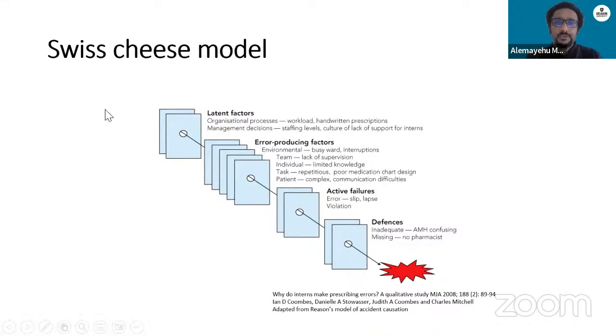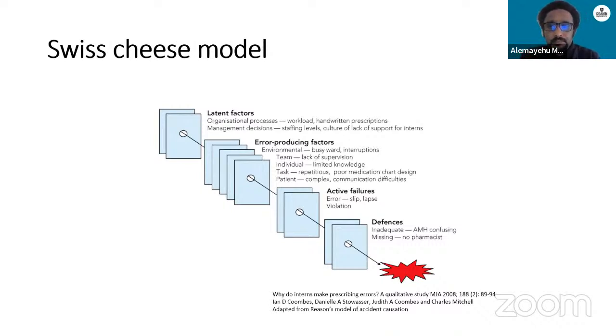Have you seen these holes? These holes show that there are always holes within the system. There are some breaks in the system that can expose patients to errors. So these should be filled with some kind of intervention so that errors can be reduced.